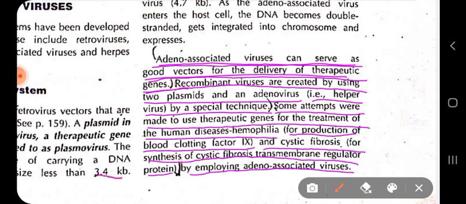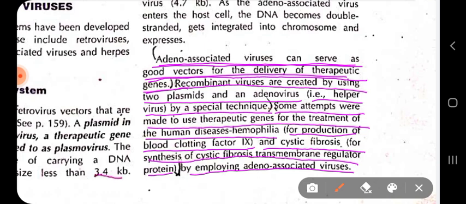Due to defectiveness of this CFTR gene, we can go for this adeno associated virus vector system for curing that disease. And hemophilia occurs due to non-function of a clotting factor protein.